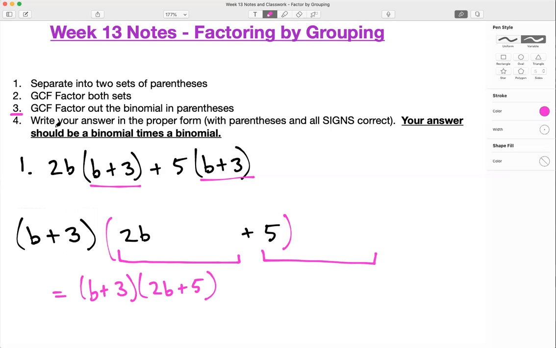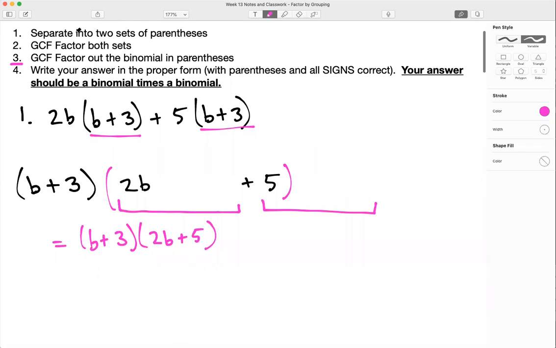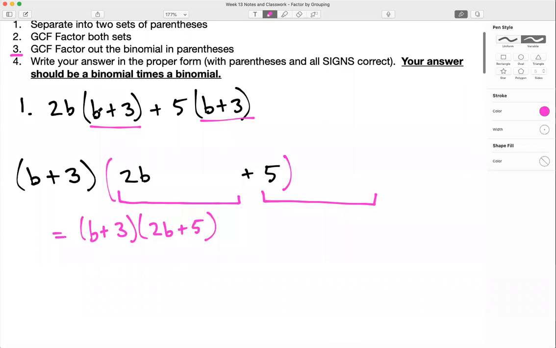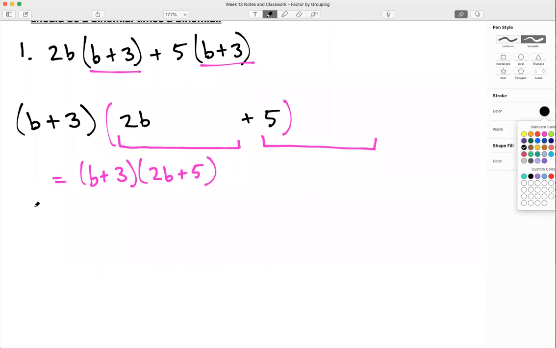And you can see that, yes, our answer should be a binomial times a binomial, and indeed it is. In some other examples, we're going to have to separate the initial problem into two sets of parentheses and factor out both sides, like we're going to do in the next example. But showing you what just happened right there, we just factored out the b plus 3.